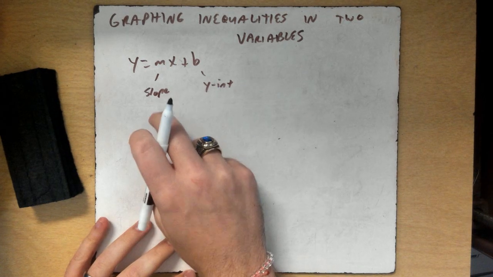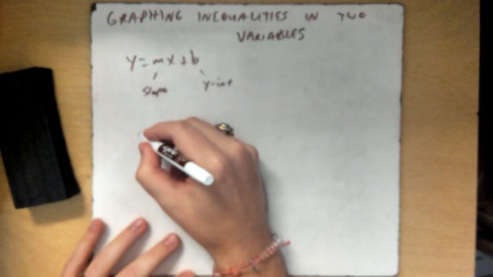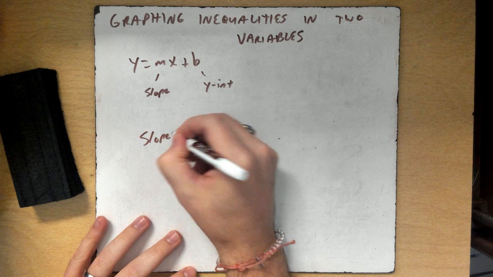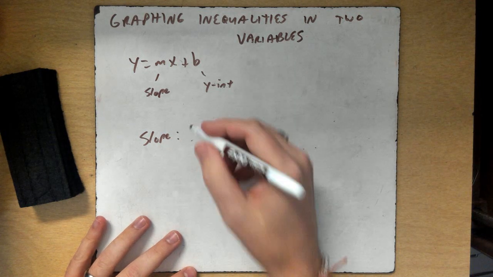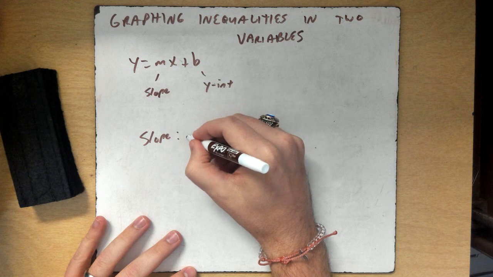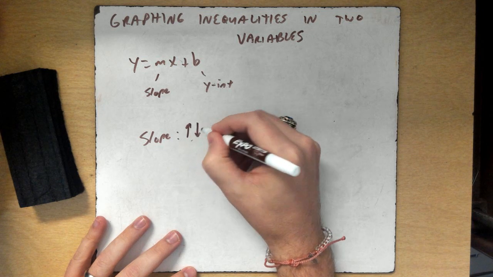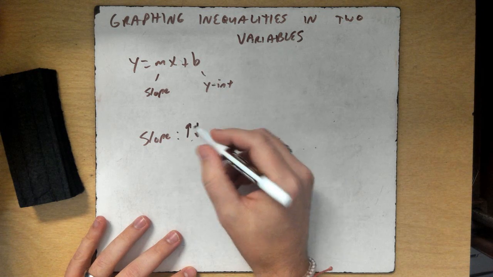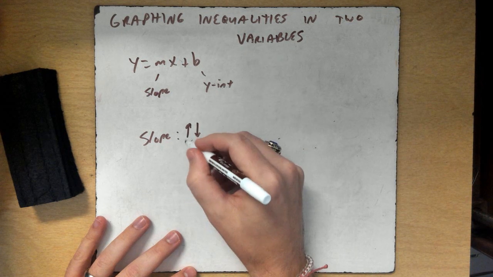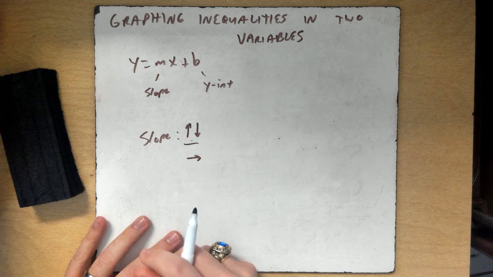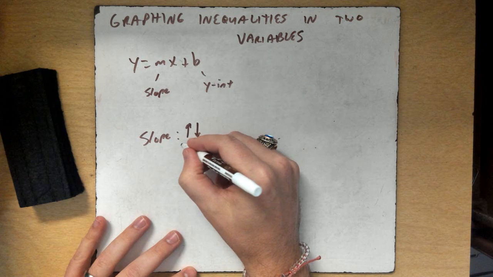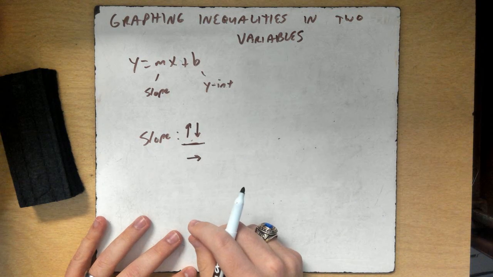So my slope tells me, when I graph it, whether I go up or down, and then how many to the right. I'll show you that in a second.